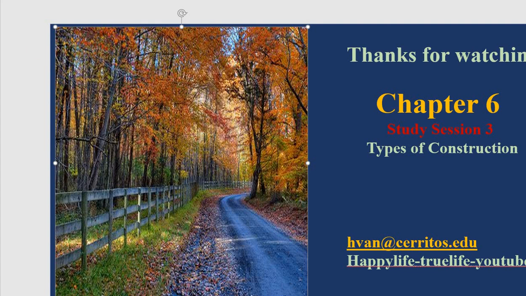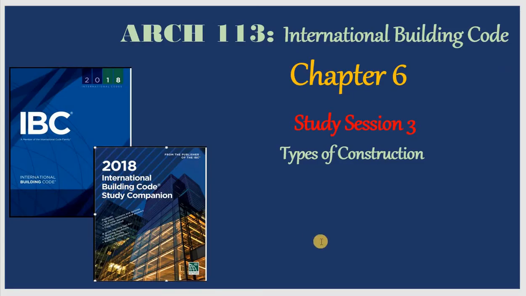Okay, so this is lecture number 3. I just remind you this is Architecture 113, in case you go to another class, and this is class 113 for the International Building Code. It covers chapter 3 in the book, and the study companion says study section number 3, and it shows all of the types of construction.